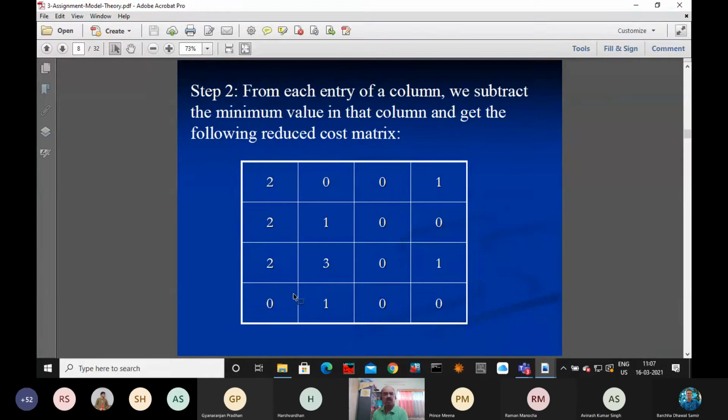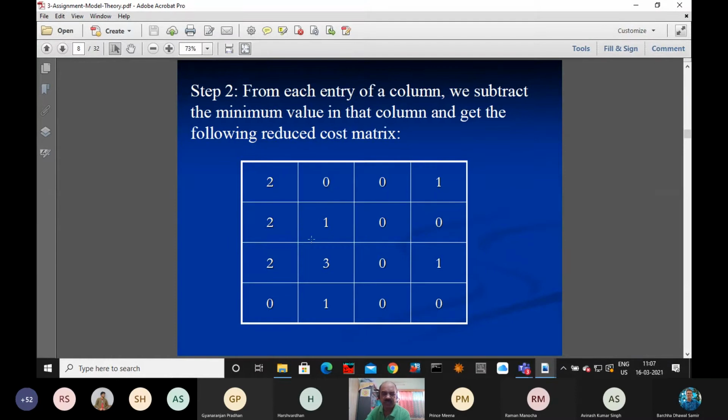After subtracting from the row and column, say we have got the assignment matrix, reduced assignment matrix, reduced cost matrix. Now what is there? You can see in first row there are 2 zeros.